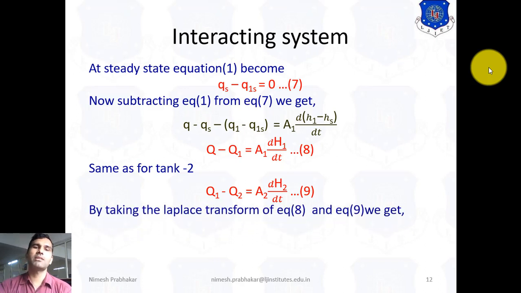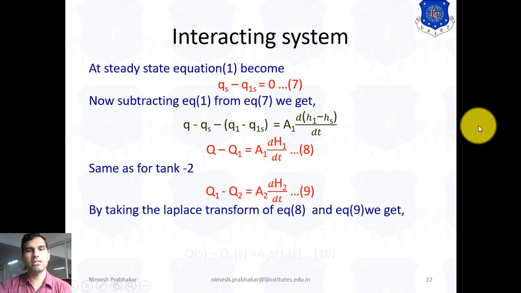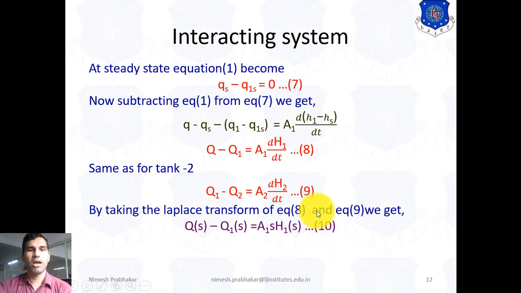Taking the Laplace transform of equation 8 and equation 9, we can write Q(s) minus Q1(s) is equal to A1 s H1(s), and for equation 2 we can write Q1(s) minus Q2(s) is equal to A2 s H2(s), equation 11. So we get these two equations from the Laplace transform of these two equations.